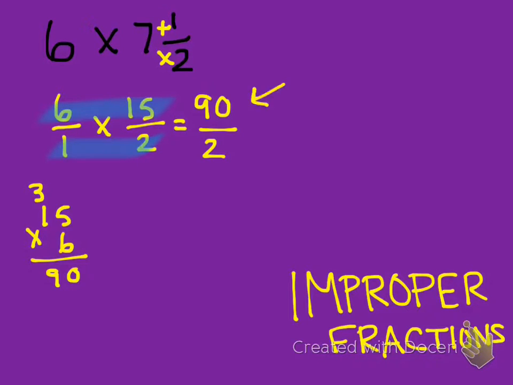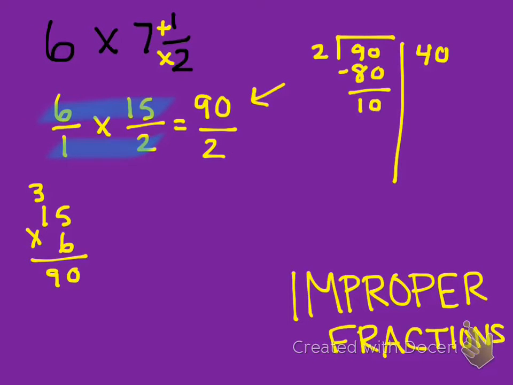And yet again, we have an improper fraction because the numerator is bigger than the denominator. So we are going to divide that out. My first guess will be 40. 40 times 2 is 80. When we subtract, I get 10.